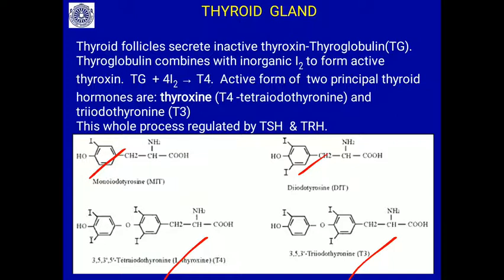The whole process of adding iodine to thyroglobulin is regulated by the pituitary through thyroid stimulating hormone, TSH, and indirectly by the hypothalamus through TRH.